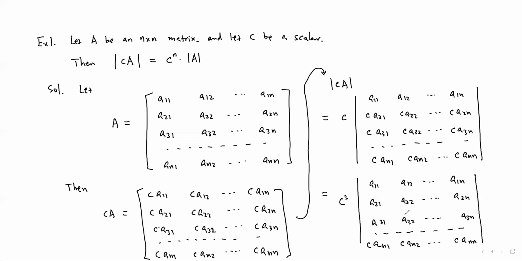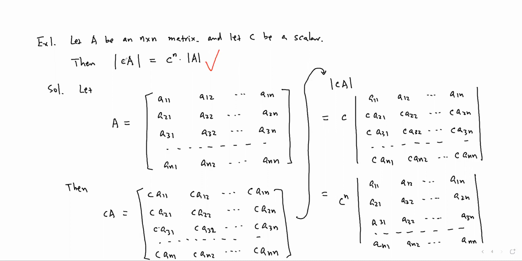Okay, continue this process until all the C's are taken out. Then we get C^n. Now, the last row also take out C. Then we have this formula.